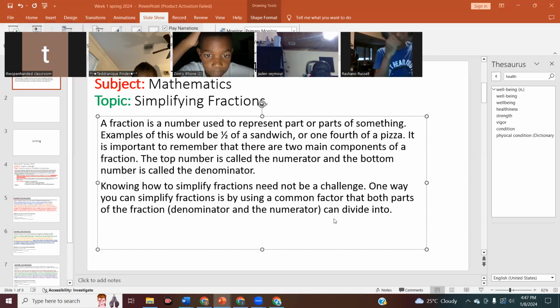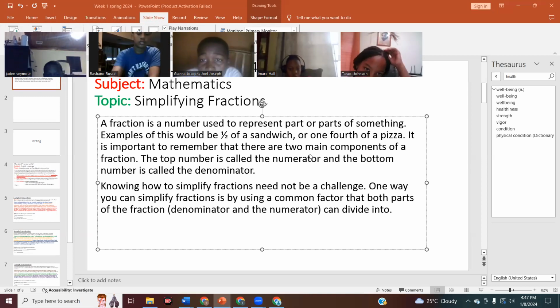Check your audio because I can't hear you. Okay, good. All I hear is static. I can't hear you clearly. Amari, can you read these two paragraphs?